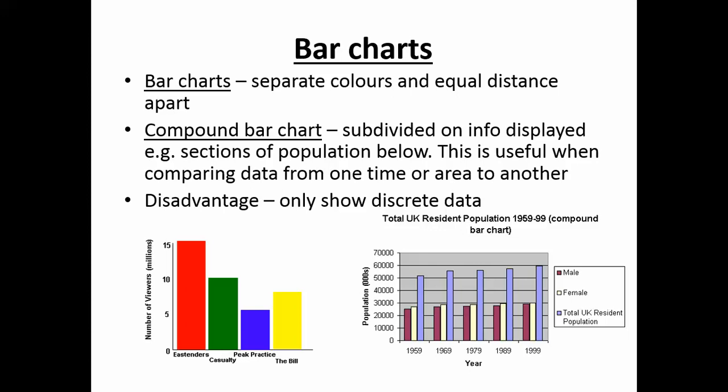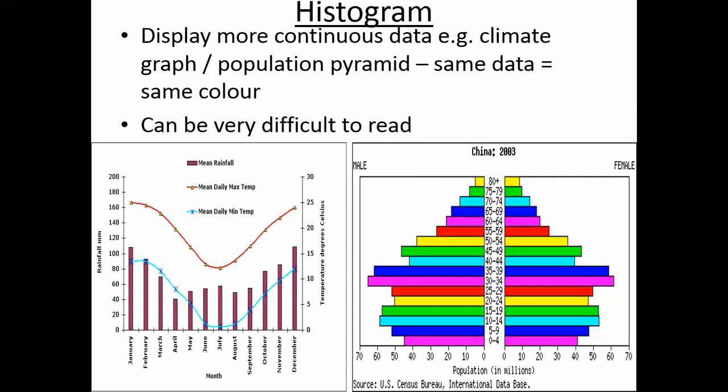Next up, we've got a very simple type of graph. This is a bar chart. You should be very familiar with these. You need to have separate data to be able to show this. You can show it over time, but it's unusual. The graph in the bottom left works much better for it. Okay. You've drawn these before. This is a histogram, which is showing continuous data over time.